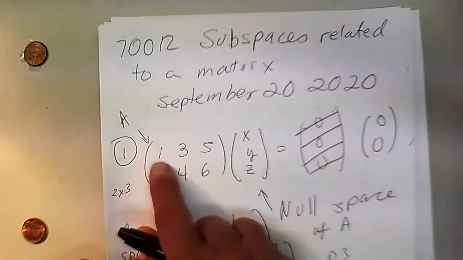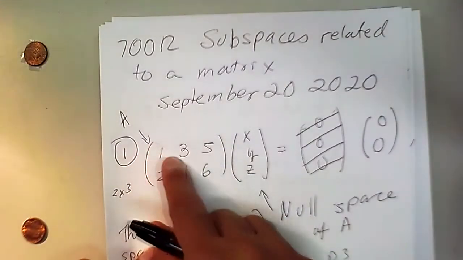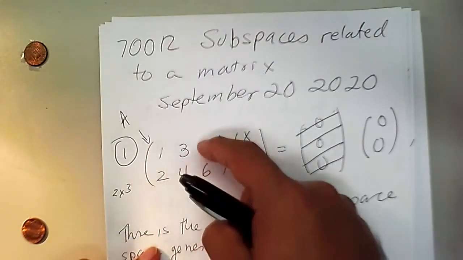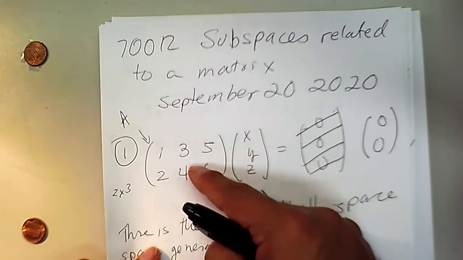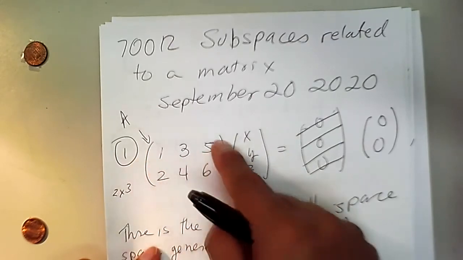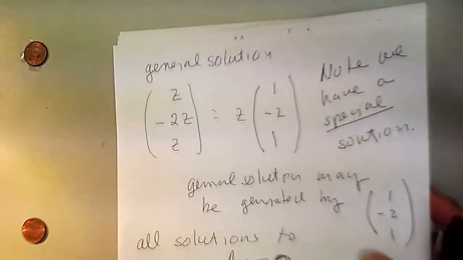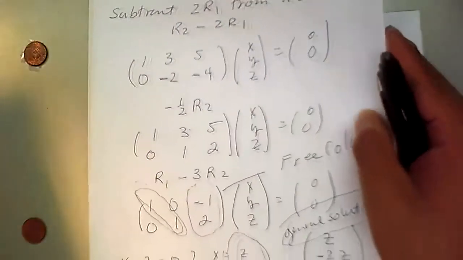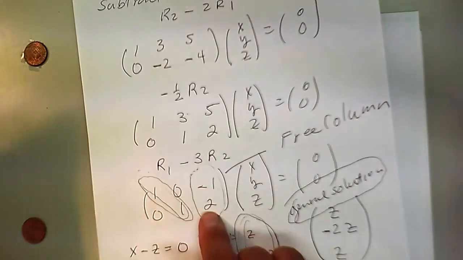There's another space. There are three spaces that are relevant. Remember on my first page here, one of them is the space generated by this row and this row. By doing row operations, we simplify that down to this row and this row.